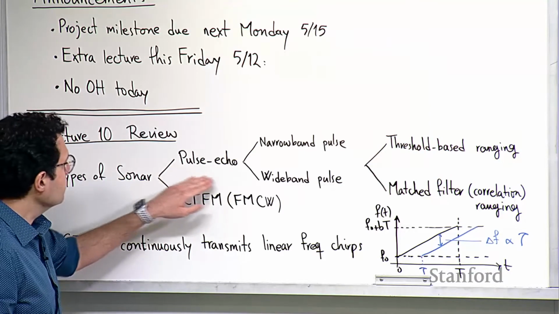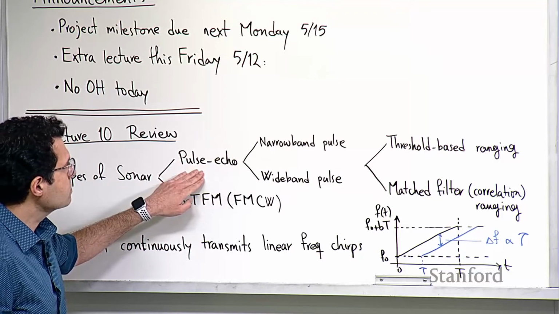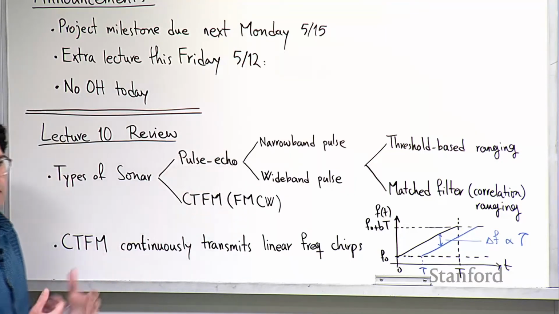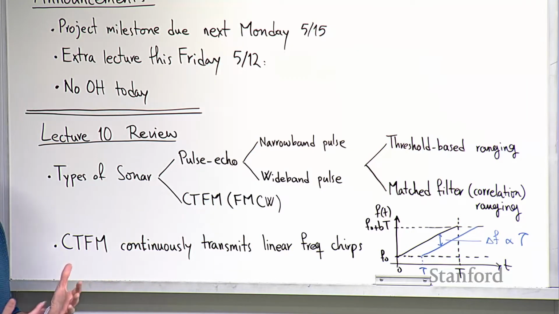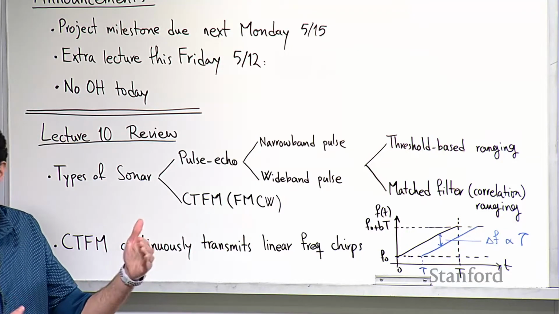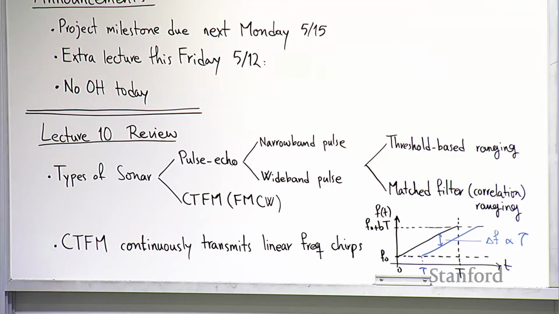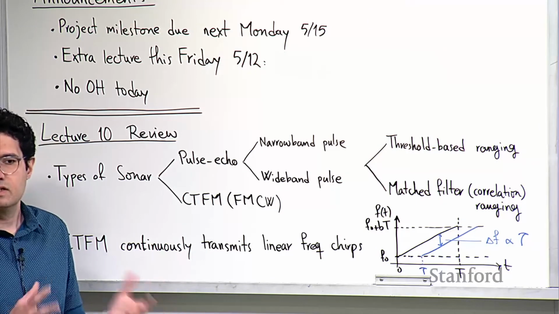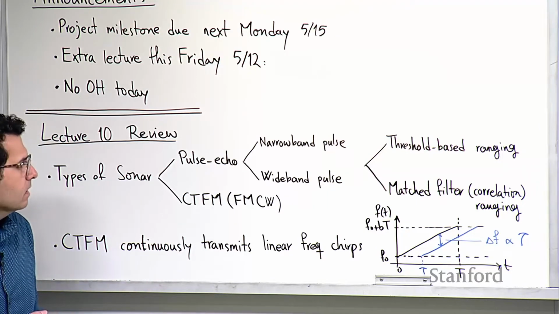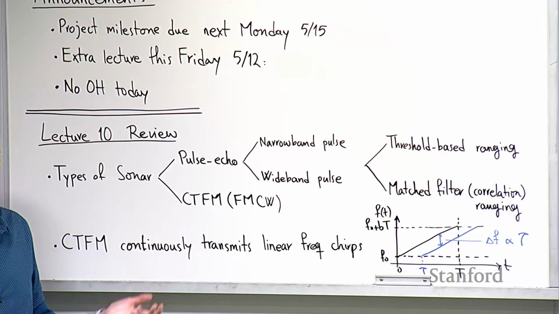Then we looked in detail at pulse echo sonar in terms of what types of pulse waveforms they use. There are many different pulses, so there's no standard table of just a few pulses that are used. Every sensor manufacturer comes up with their own version of pulses. You can also design your own.